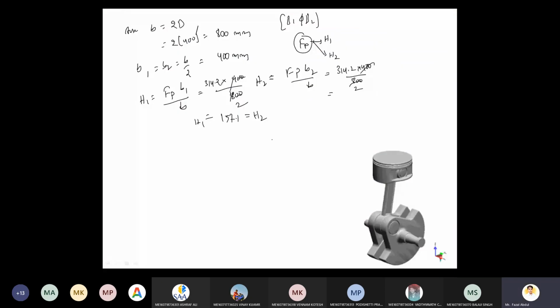Okay, that is 157.1 mm. H1 has to be calculated, and we are assuming the length of the bearing C1 equals C2 equals C by 2.